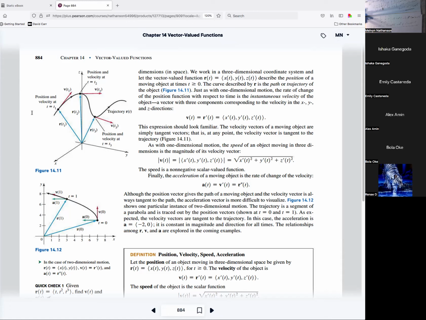So if you have a curve tracing out the trajectory of a particle in space, at every point on the curve there's a derivative vector, and that is what in physics is the velocity. So velocity is just another name for the first derivative of the position.